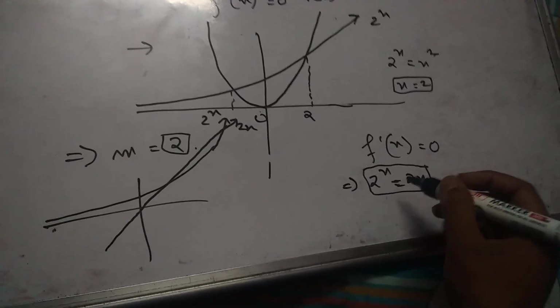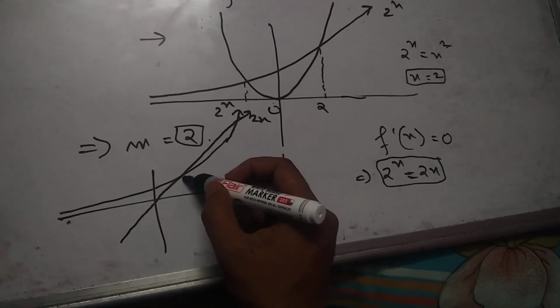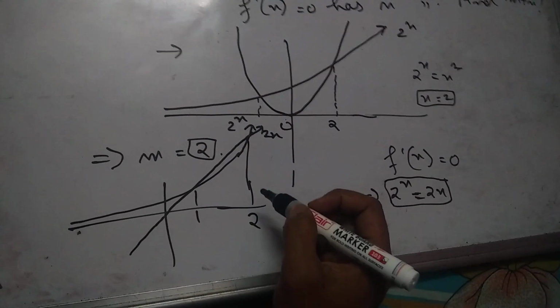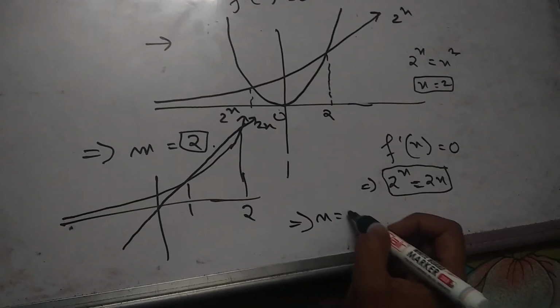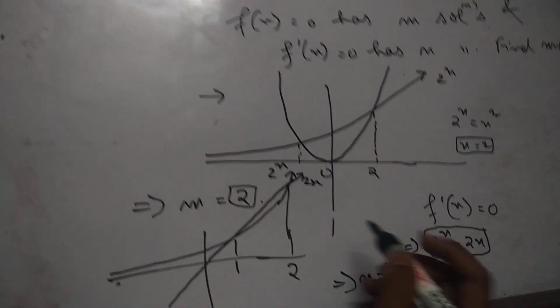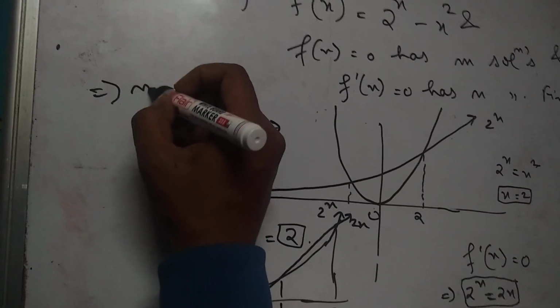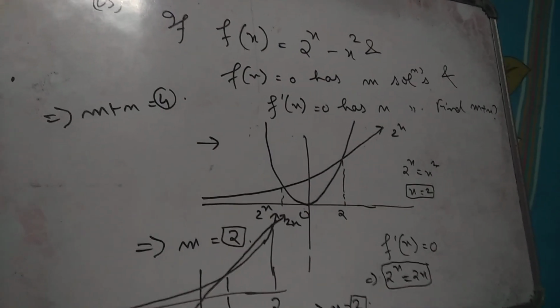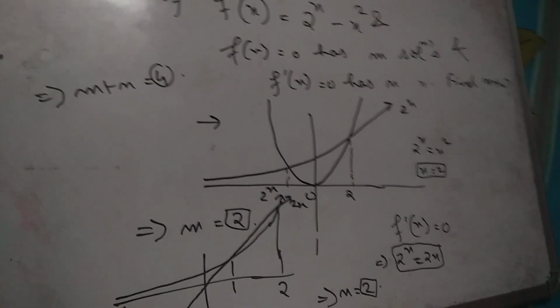So see, x equal to 1 and 2 satisfies, so there are only 2 solutions, right? So this implies n is 2, which implies m plus n is 4. Alright, is it clear? Chalo, let's move to the next question.